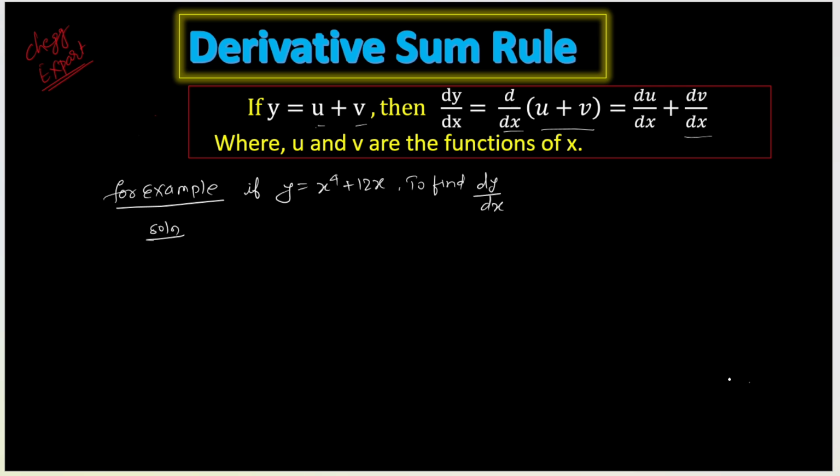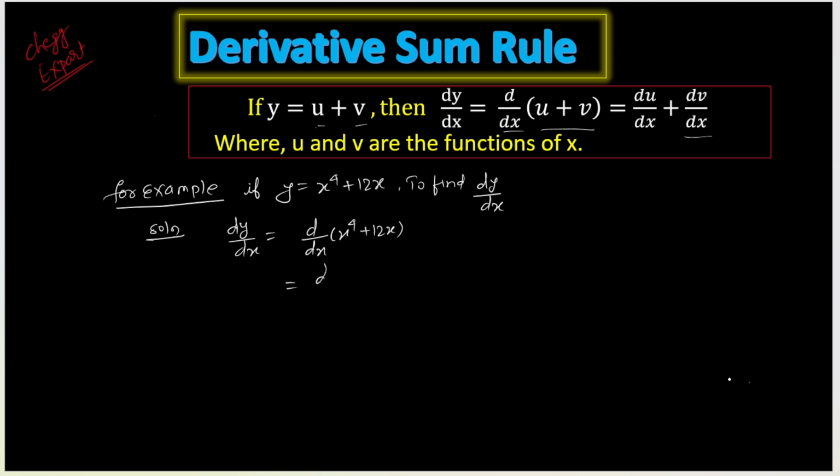Solution. Now dy by dx is equal to d by dx of x to the power 4 plus 12x by using this rule.